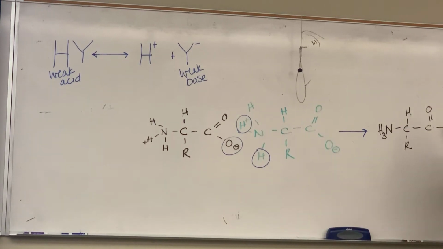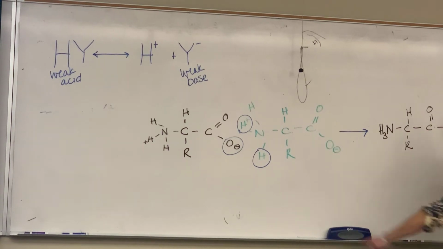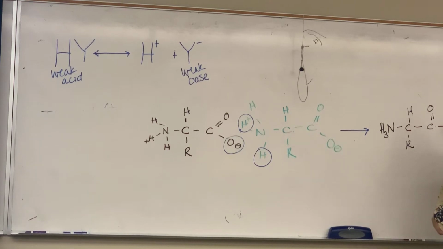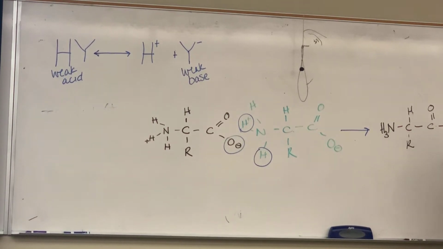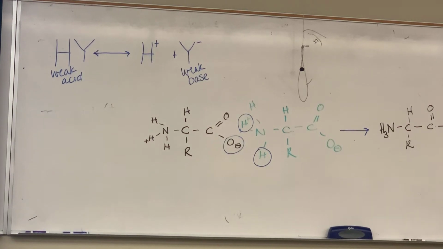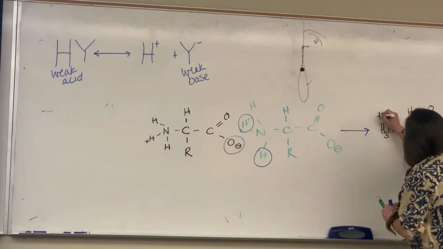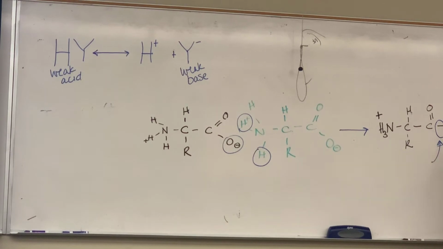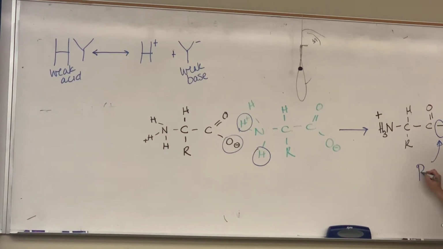And we're going to have nitrogen with a hydrogen sticking off of it. Central carbon, hydrogen, R group, carboxyl. And this bond right here, that bond right there, where we link these 2 amino acids together, that's a peptide bond.